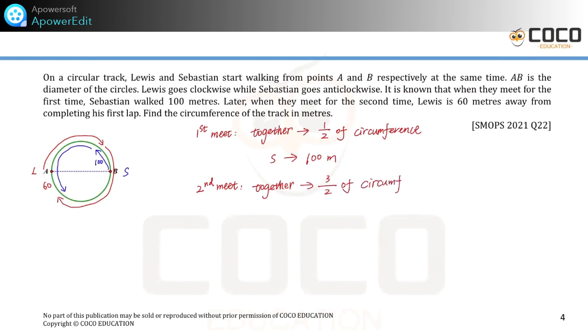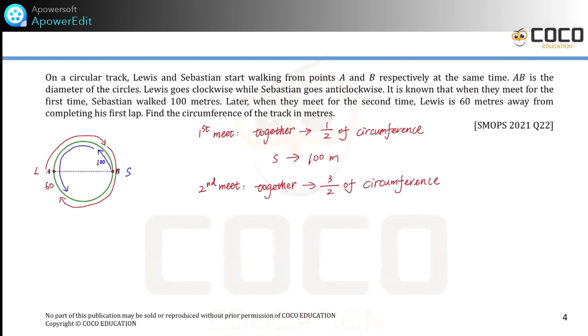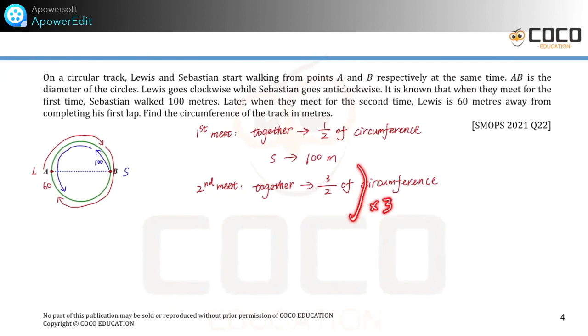There are 3 semicircles, so total distance is 3 times before. It means that each person traveled 3 times the distance before. So Sebastian is 100 times 3 equals 300.